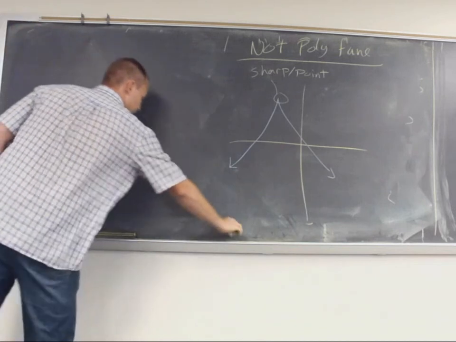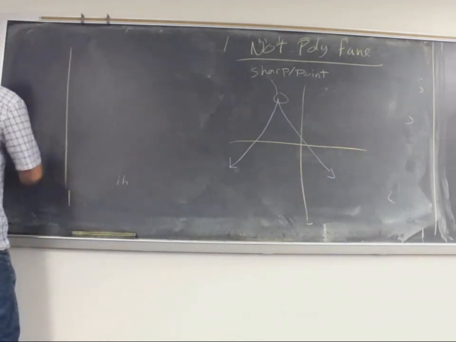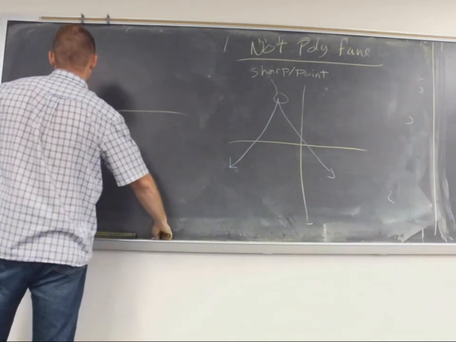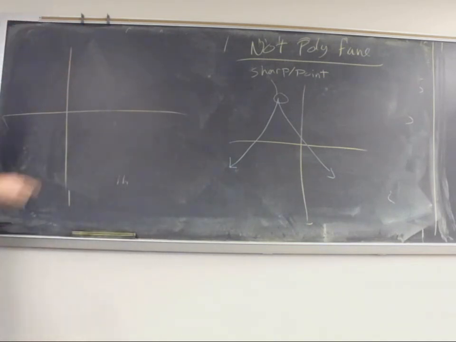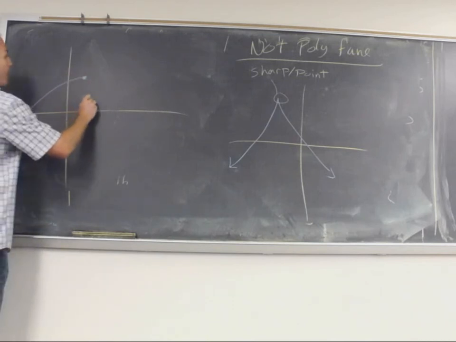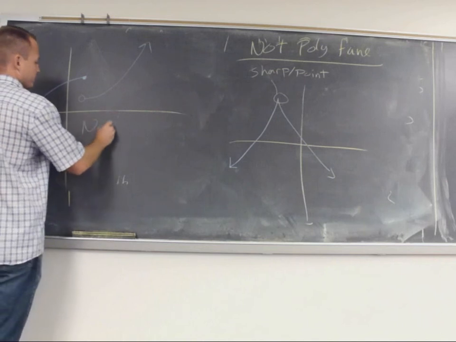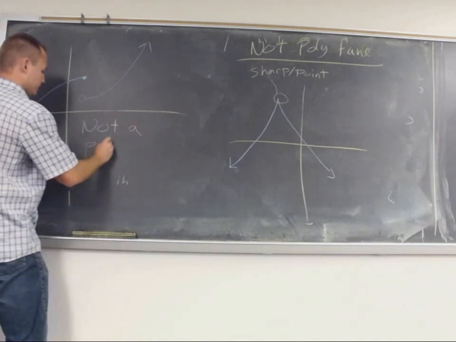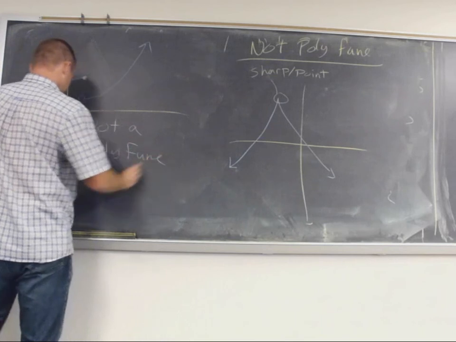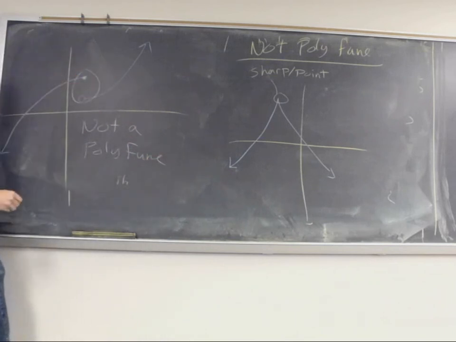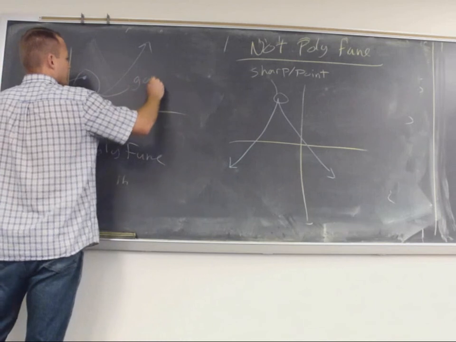One more graph, and tell me if this is or isn't. We have our x and y axis, and we have a graph that starts down here, and it comes up, gives us a solid dot, jumps down here to an open dot, and goes back up. This is not a polynomial function. Not a polyfunc. Because you have this gap in here, or a jump.